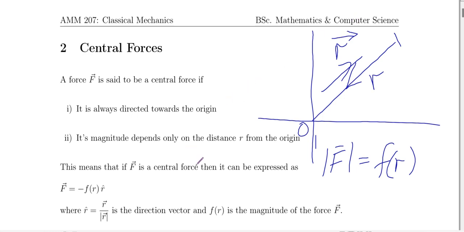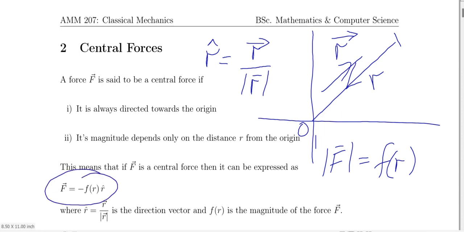So if the direction vector is defined as r hat, which is the position vector r divided by its magnitude, then we write F equals, remember, any vector can be expressed as a product of its magnitude and direction.